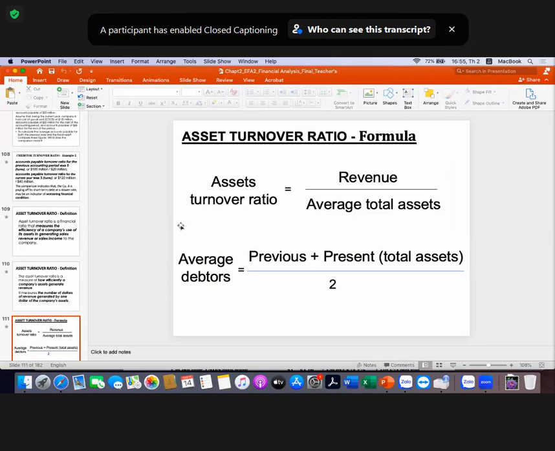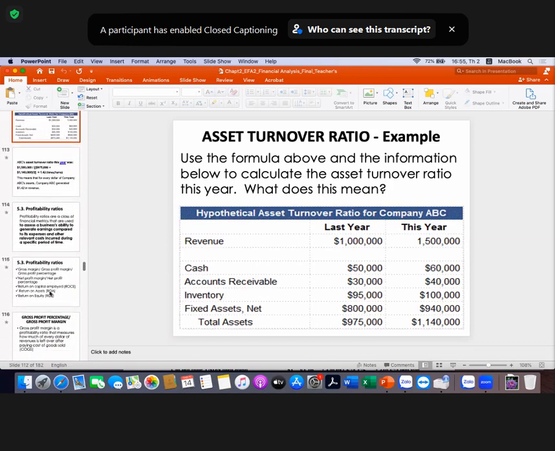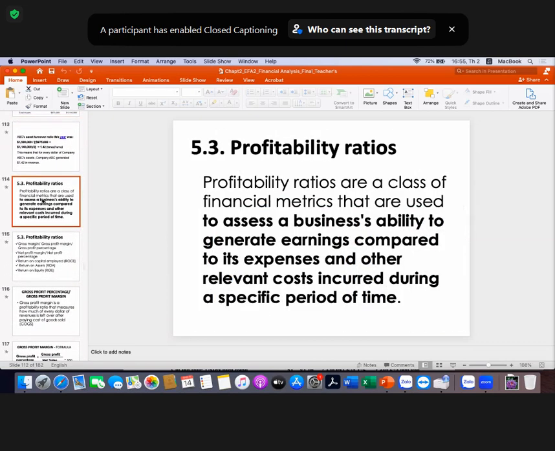Okay. That is the efficiency ratio. So the efficiency ratios consist of 4 ratios: the inventory turnover ratio, debtor turnover ratio, creditor turnover ratio, and asset turnover ratio. And we come to the first group of financial ratios, the profitability ratios.